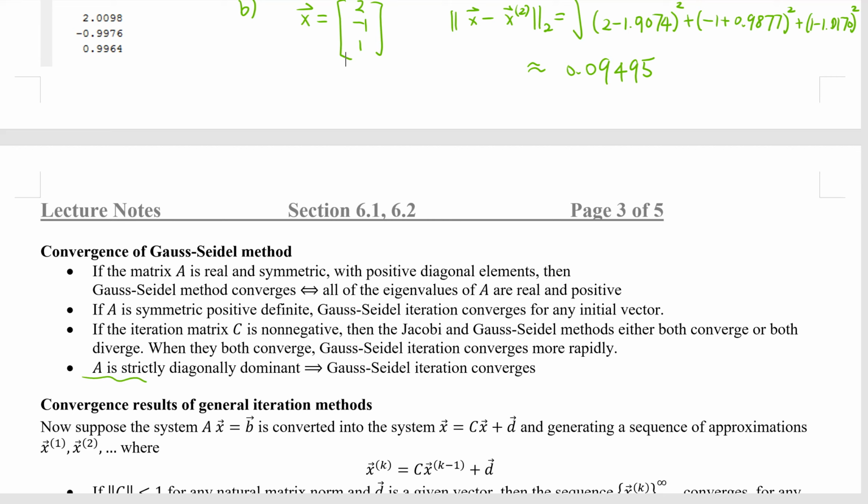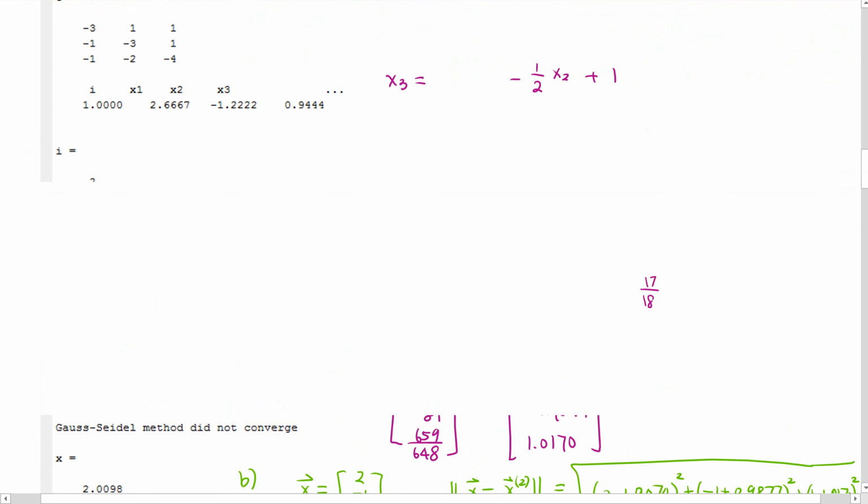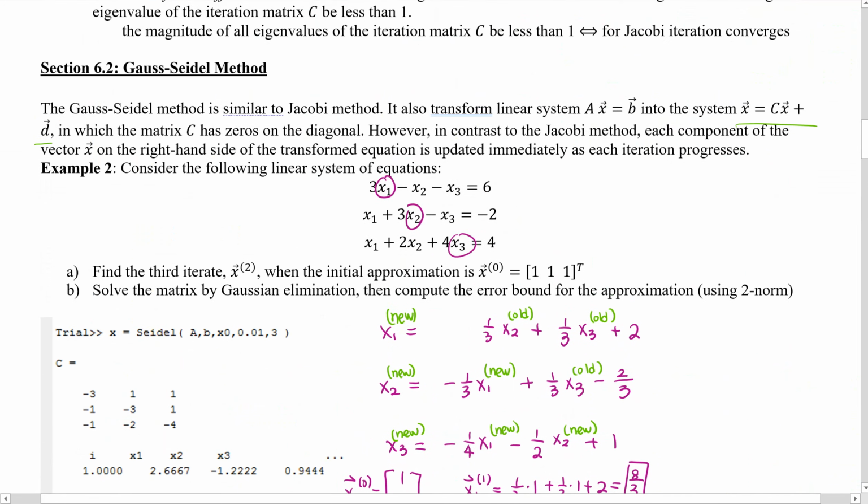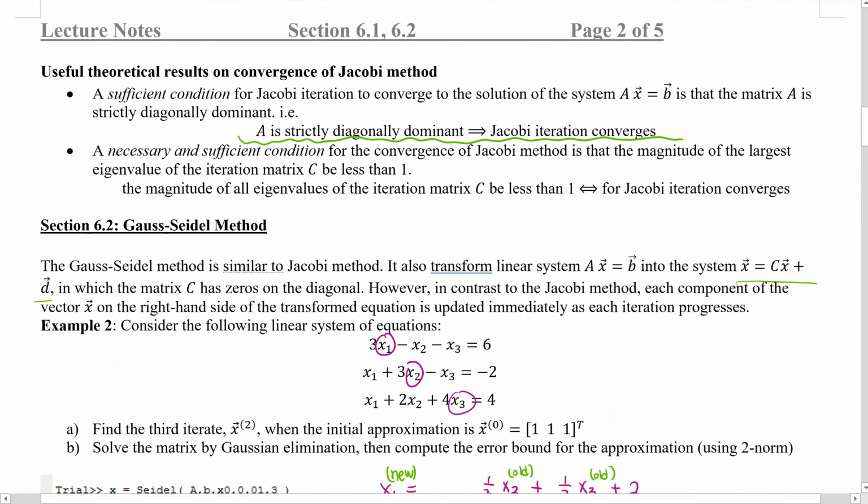Yeah, so if A is strictly diagonally dominant, the Gauss-Seidel method converges. Okay, and if A is symmetric positive definite, the Gauss-Seidel method also converges. Okay, that's so important. And for the Jacobi method, if A is strictly diagonally dominant, the Jacobi method converges. So those are the important concepts. So far, so good, everybody?